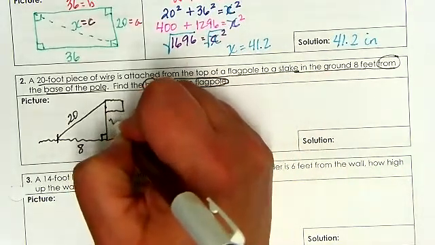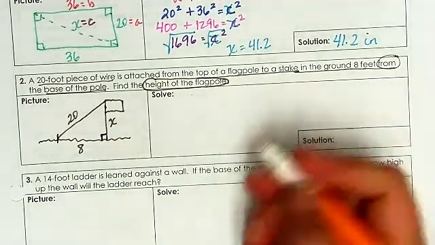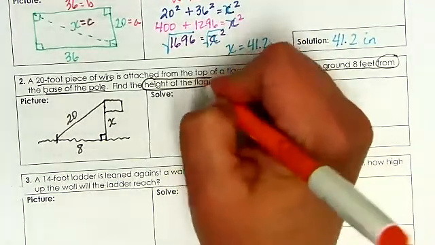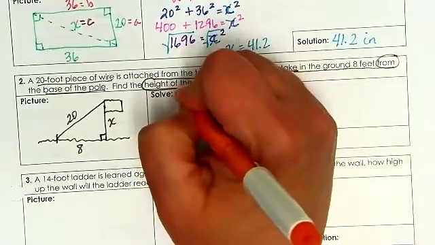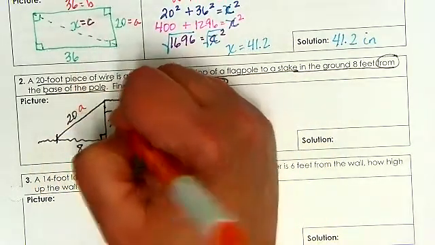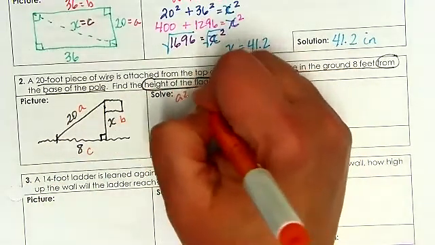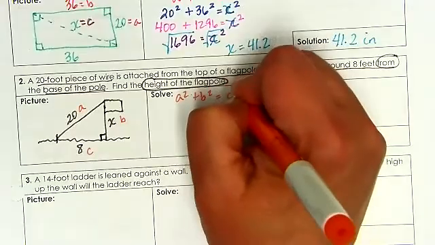So this is X, and this is one of the legs because it is a side of the right angle. Okay, so we're plugging into the Pythagorean theorem. So we're going to say this is A, B, C. So we have A squared plus B squared equals C squared.